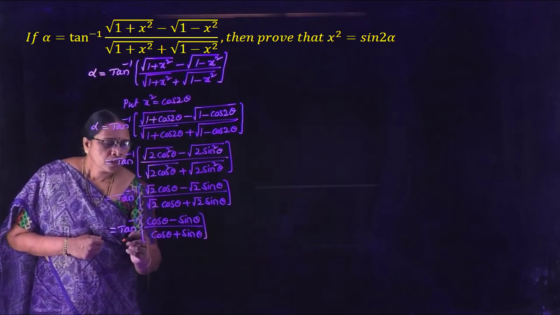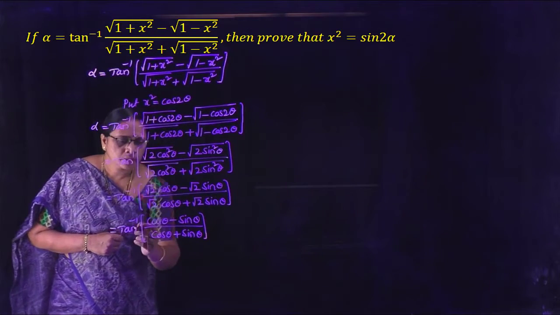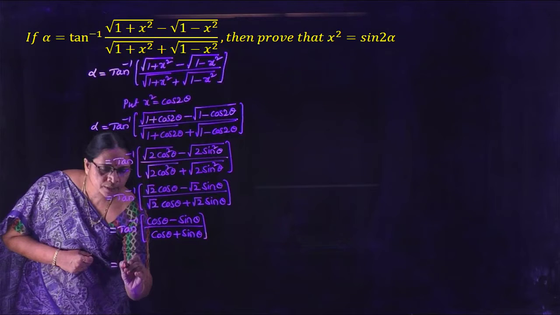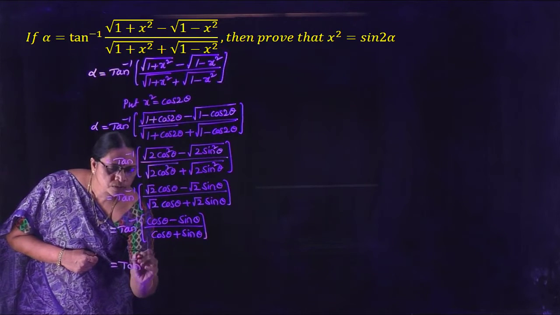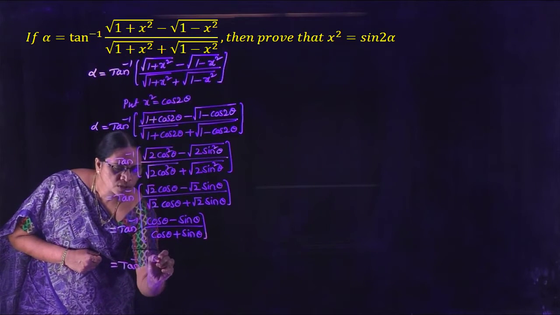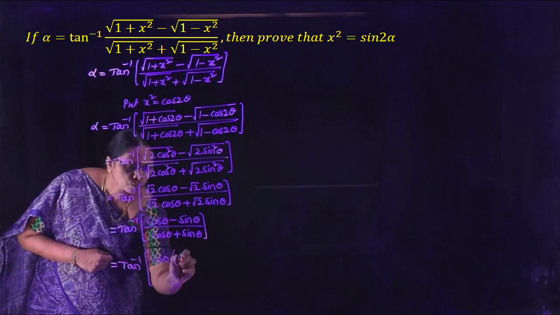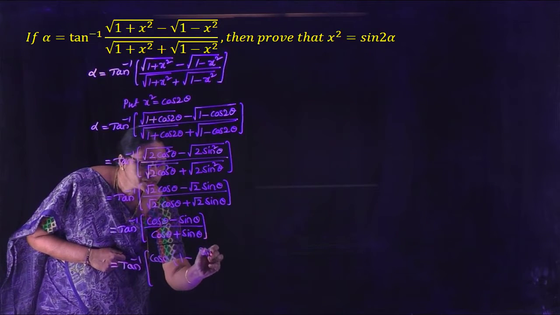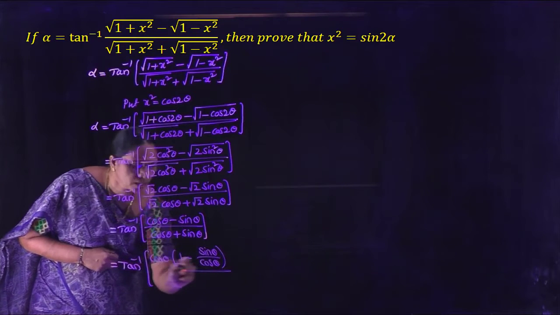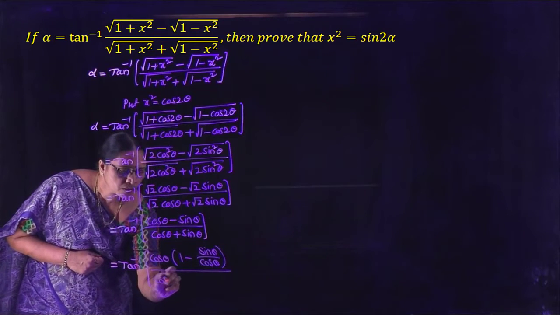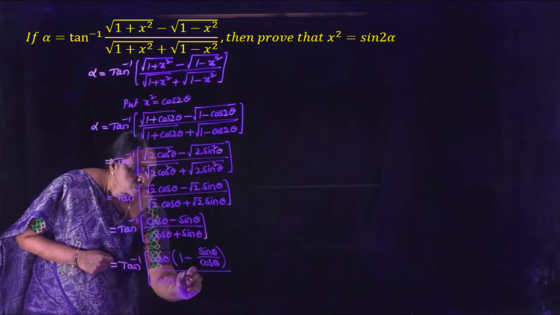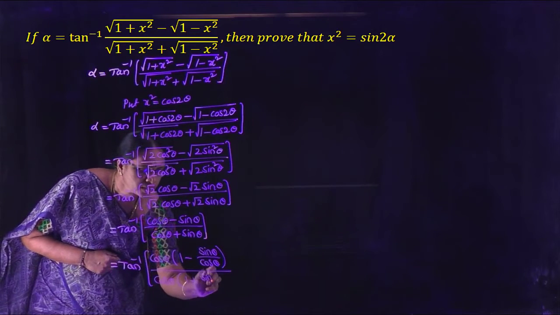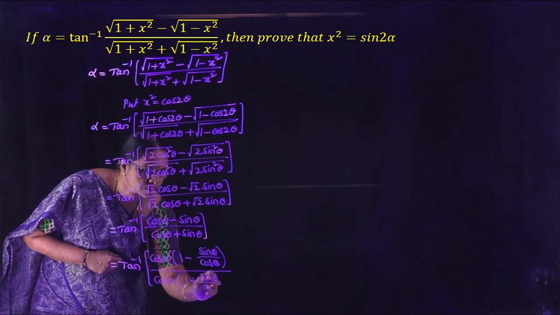Here take cos theta common in numerator and denominator. Tan inverse of cos theta into 1 minus sin theta by cos theta whole divided by cos theta into 1 plus sin theta by cos theta.